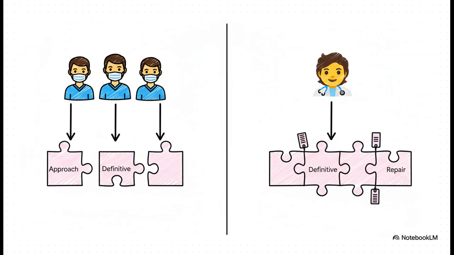So the neurosurgeon reports the definitive procedure, and the ENT reports the approach. See? Easy. But if one single surgeon performs more than one component, they report a code for each part they did, and they'll append modifier 51 to the secondary procedures. That modifier 51 basically tells the insurance company, hey, these are separate procedures, but they were all done by me in the same session. It's your signal for a single surgeon wearing multiple hats.